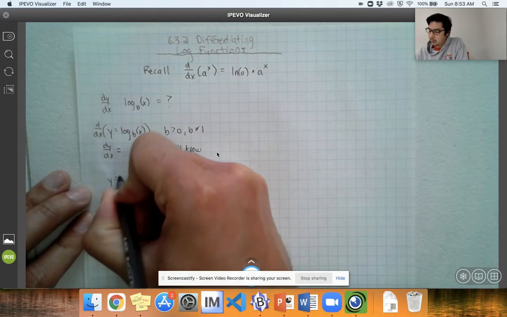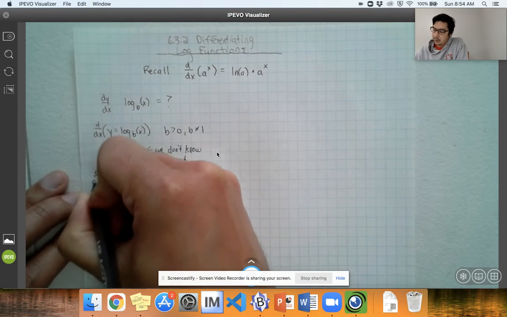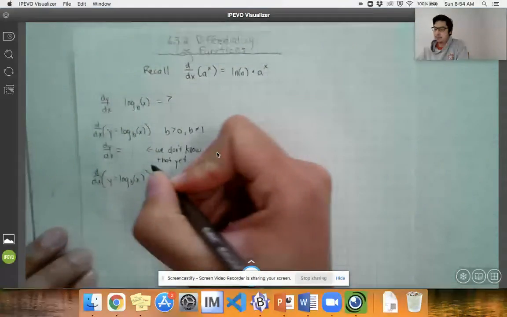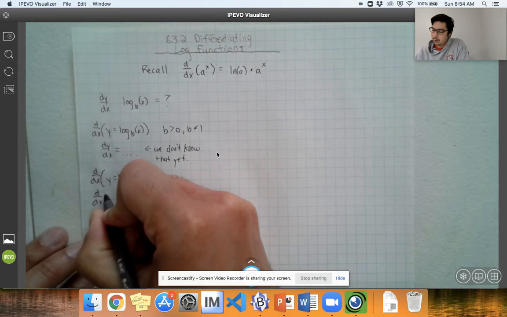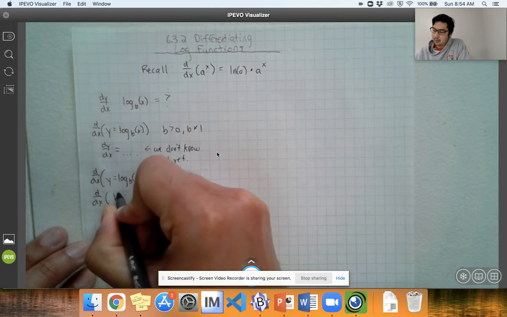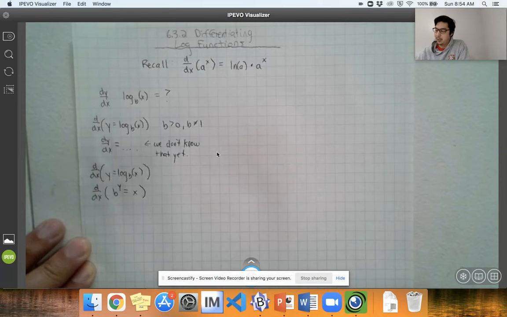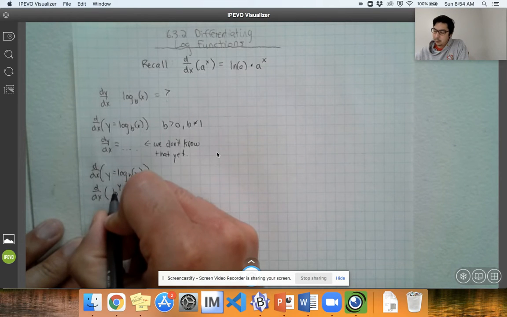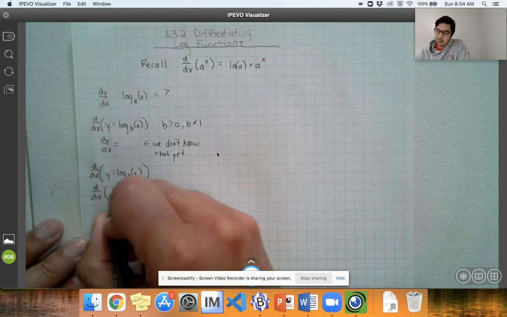So if we had y equals log base b of x, and we want to take the derivative with respect to x of this function, the first thing we would do is rewrite this log as an exponential. So this is equivalent to saying b to the y equals x. And then from here, when we take the derivative, b is just a positive number, so we know how to take the derivative of an exponential.